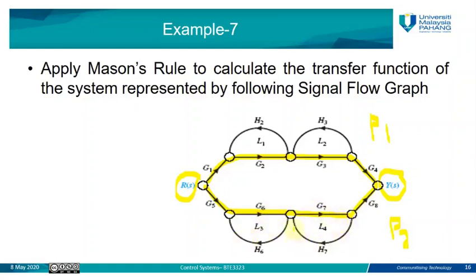Since we have P1 and P2, K is equal to 2. So our formula will be P1 delta 1 plus P2 delta 2 over delta.